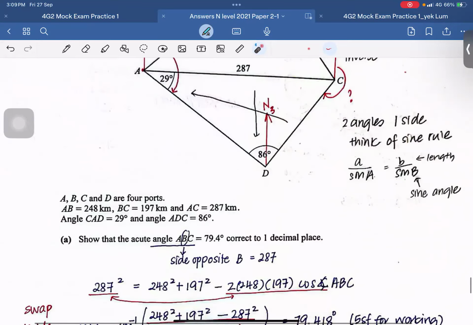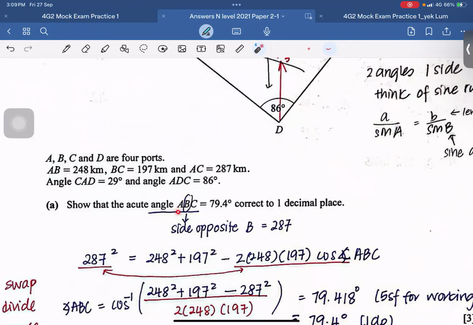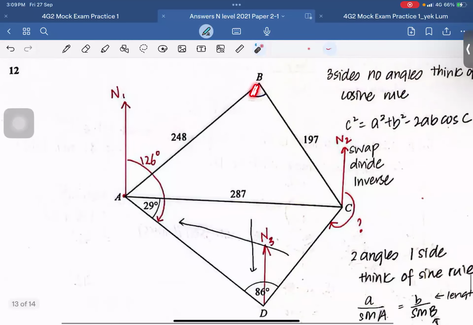Next thing, question says show that the acute angle ABC. If I'm looking for this angle ABC, I must start with the side using cosine rule, the side opposite to me. So the side opposite to me will be the side 287.